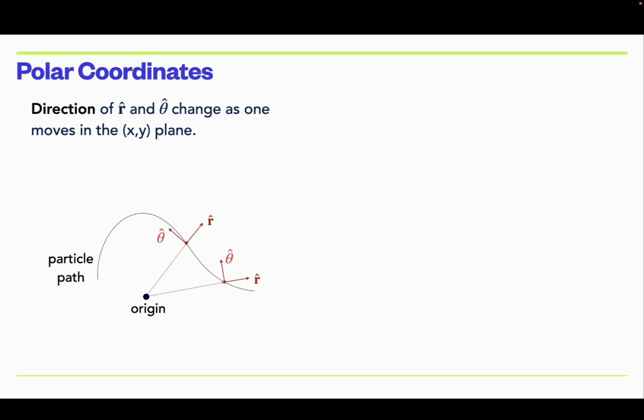So r hat is pointing in a different direction than it originally was. So as an object moves, its unit vectors move with it. And so as the particle comes over here, now the r hat unit vector is pointing up instead of over to the right.